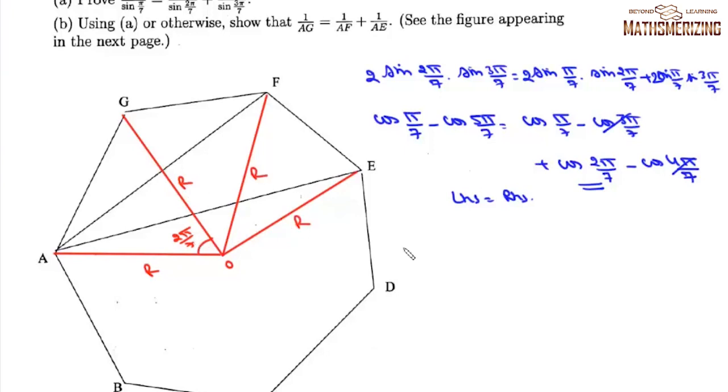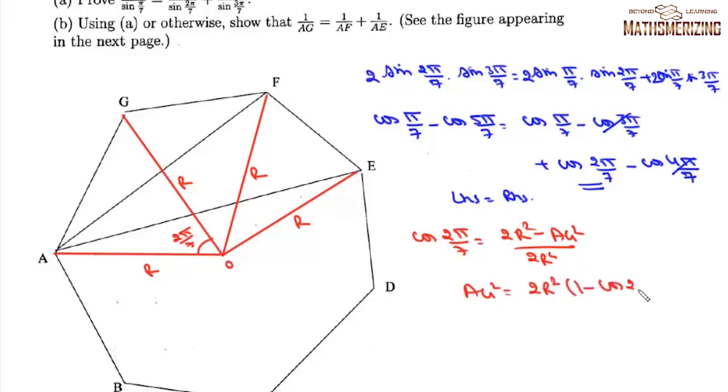Now using the cosine rule we can write cos(2π/7) equals (2r² - AG²)/2r², or AG² is 2r²(1 - cos(2π/7)). Now 1 - cos θ is 2 sin²(θ/2).